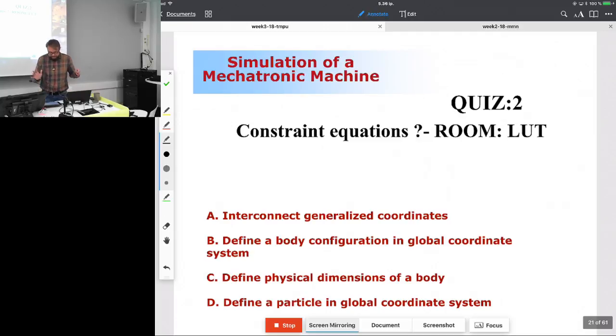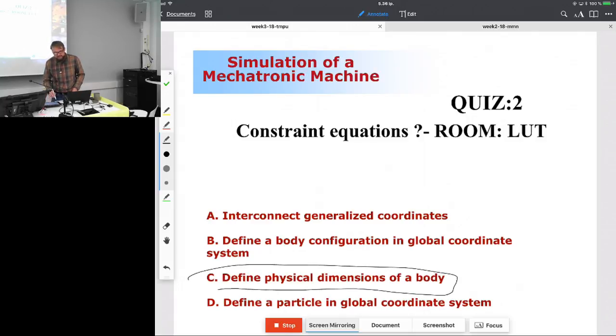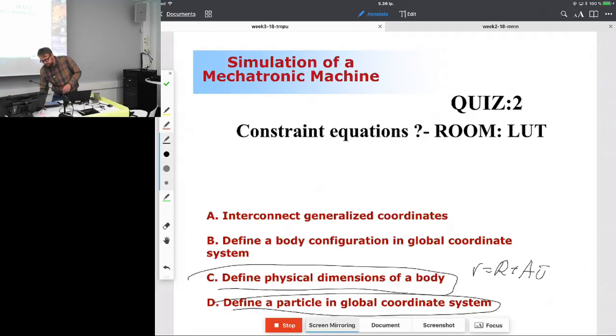Okay, let's get started with the answers that make no sense. Only a few mentioned that this defines the physical dimension of the body. Nothing to do with that. Absolutely nothing to do with that. Defines a particle in the global coordinate system. Not that either. The particle, we define by using this equation. Not constraint.